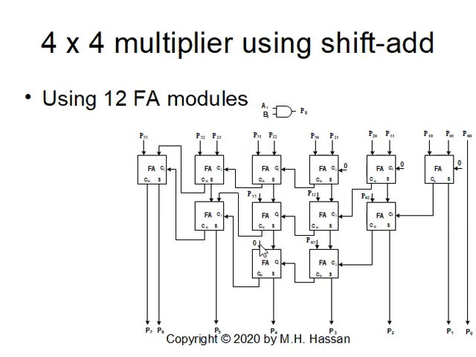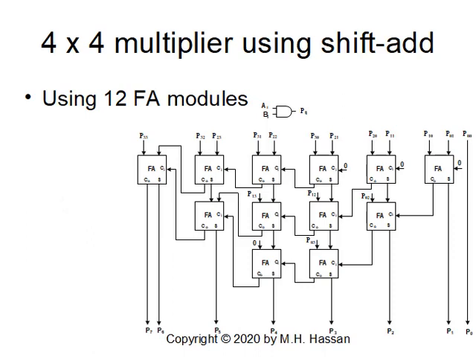This input will be 0 because we don't have anything to add. So this will give me P4, with 3 product terms and 2 full adders, and with the remaining partial product terms, which are the last 2.